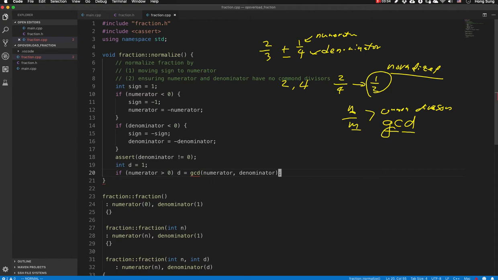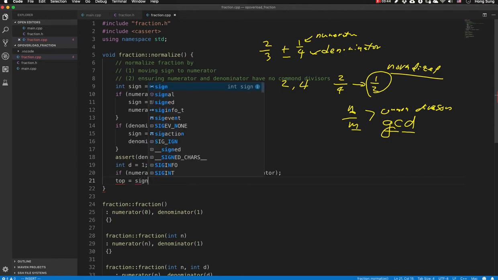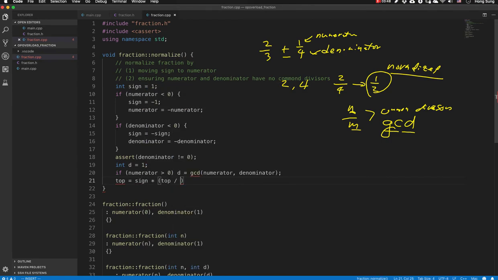By calling the function, we find the greatest common divisor, which is D. Then the numerator becomes the sign, whatever sign we have so far, times the numerator divided by the greatest common divisor.